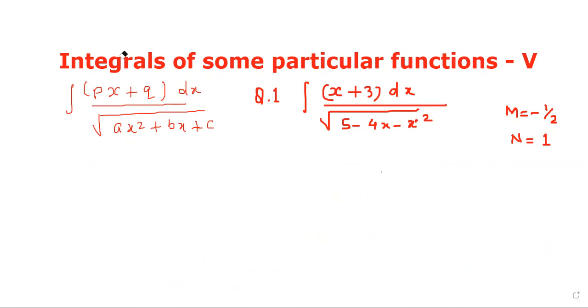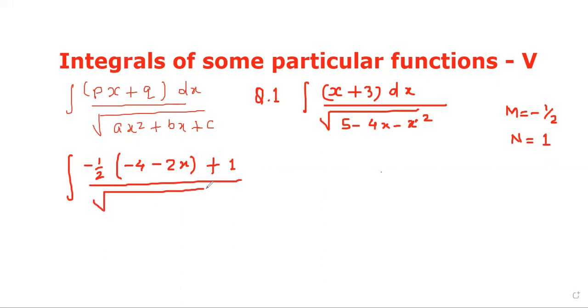So our question becomes integration m times, means minus 1 times 1 by 2 times differentiation of this, that is minus 4 minus 2x, plus n, divided by root of 5 minus 4x minus x square times dx.